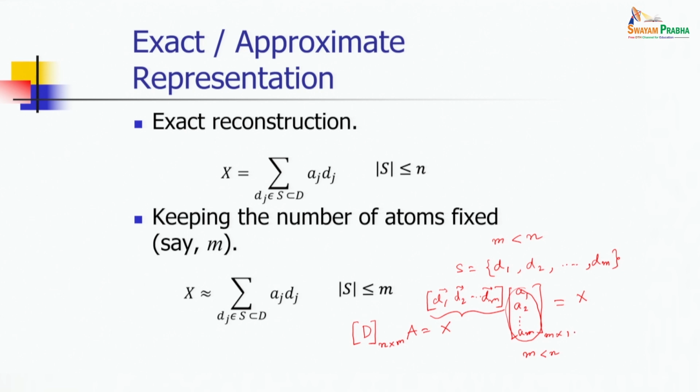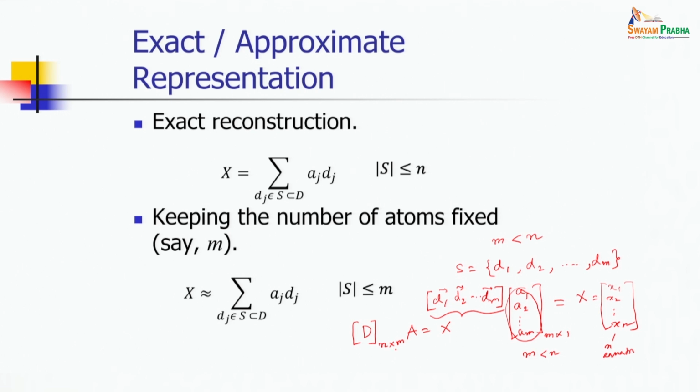There are n, since x equals x1, x2 to xn. So there are n equations and m unknowns. Considering this, you have to get an approximate solution. So it is not invertible, and that is the problem here.